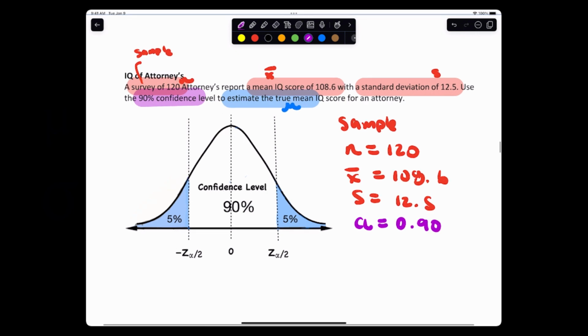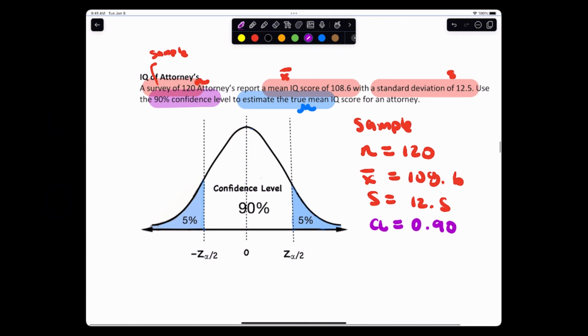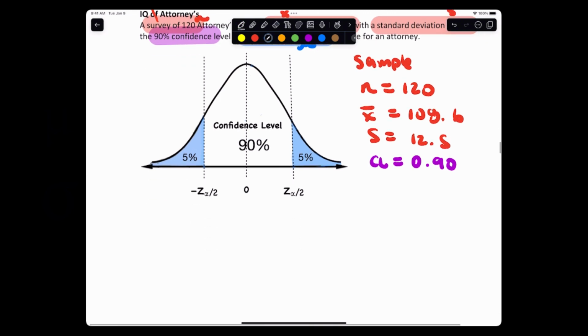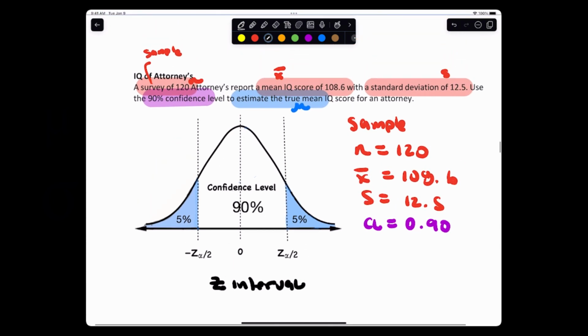Would it give you a different answer if you just put 0.9? No. And then in the TI, I use Z interval. So you might even just write that down for yourself, because if you know that on a test, everything becomes automatic and quick, because you're training yourself to go through the process.